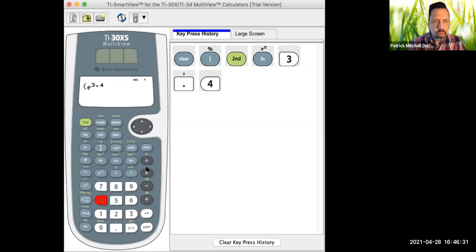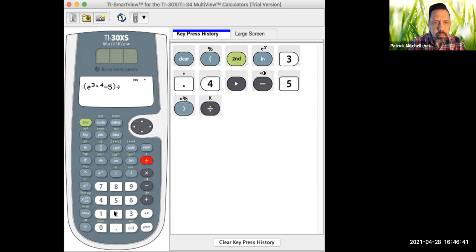That's almost the only thing we ever do with the number e is raise it to powers. Subtract 5, close off the parentheses, and then divide by 2. All right, and there is that approximate solution to 4 decimal places. It's 12.4821.